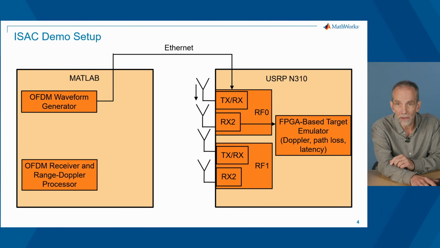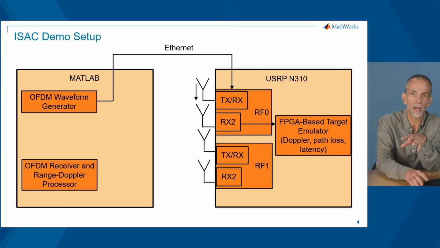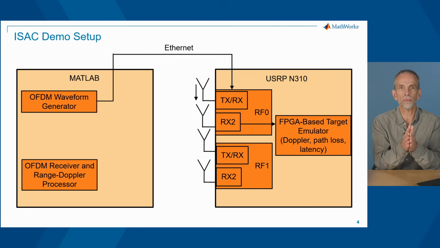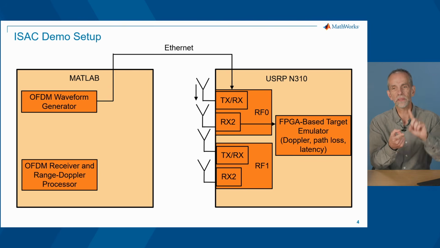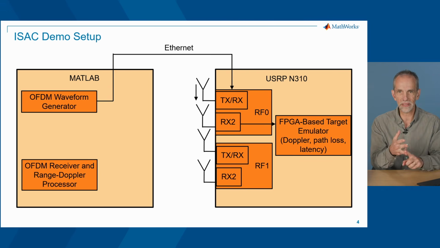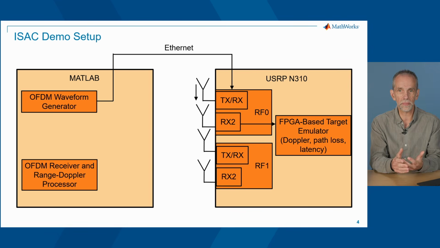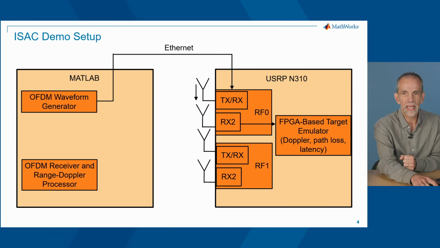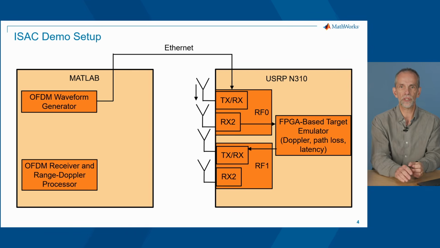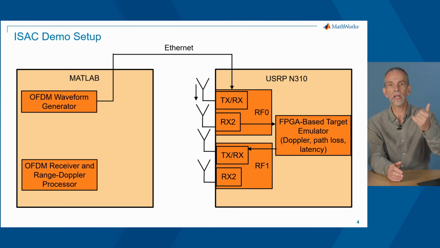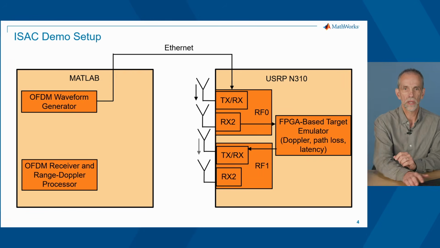And then from there, it goes into an FPGA. What we have done here with this FPGA is emulate a radar target by imposing Doppler, path loss, and latency on that signal, just like a regular radar target would do. Once those impairments are imposed upon the signal, it gets sent back out from the FPGA to another transmit port, where it is then transmitted over the air and received once again.